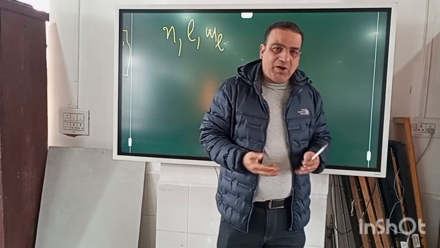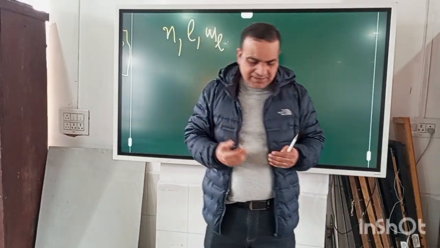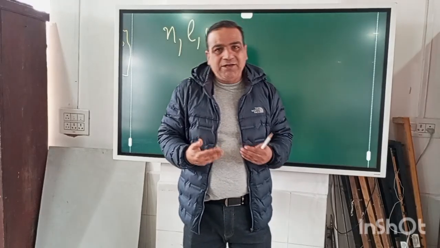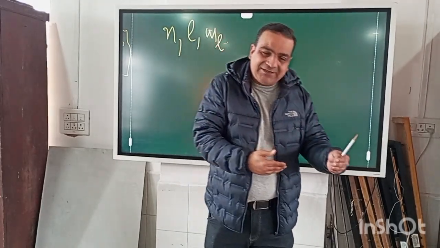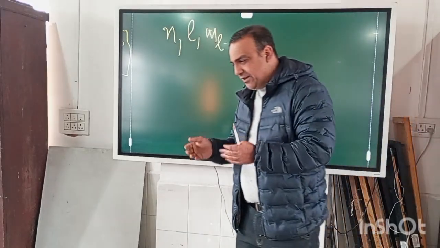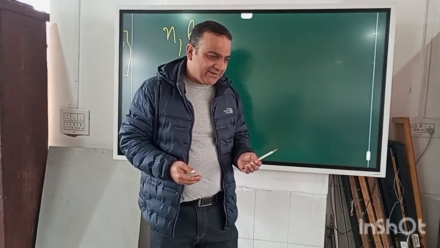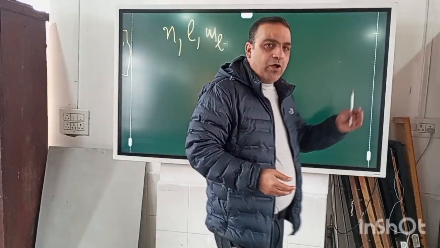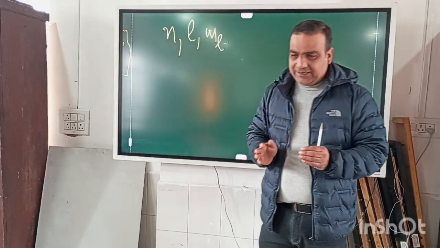When you subject this atom to external energy, this electron can go into the excited states. Now, can it go to all excited states, or is there a restriction to move from the ground state to the excited state, or to come back from the excited state to the ground state?